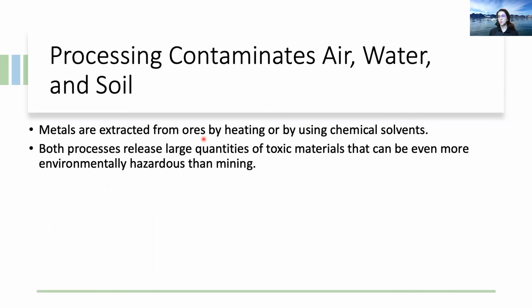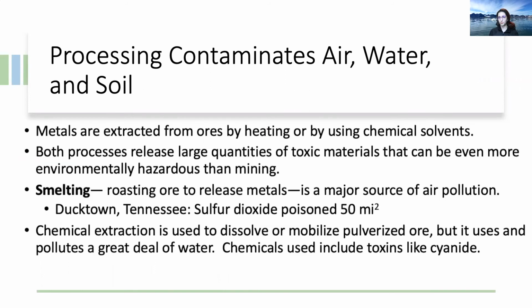Both processes, both heating and using chemical solvents, release large quantities of toxic materials that can be even more environmentally hazardous than the mining itself. Smelting is a process of basically roasting the rock material to release the metals from the ore. Smelting is a major source of air pollution.